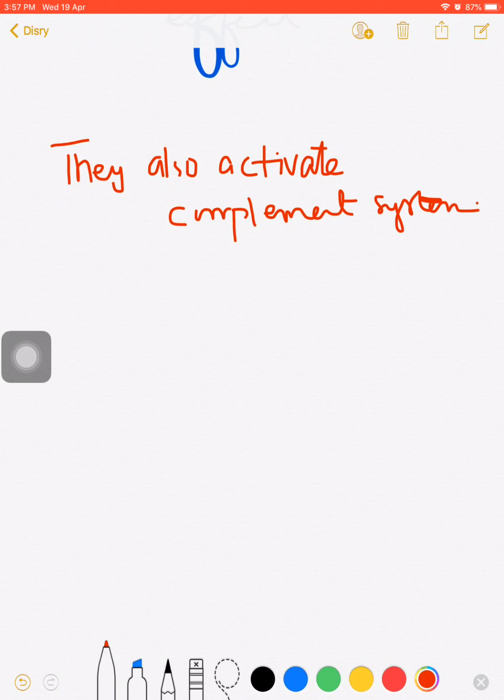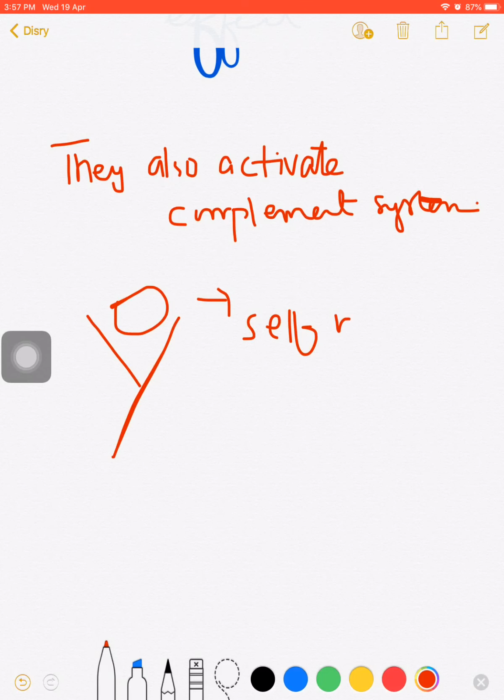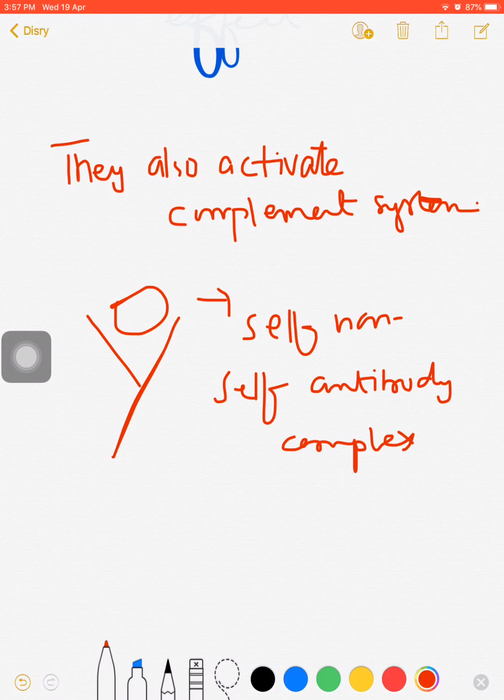Consider this is the antibody, and this is any cell. So this becomes a non-self cell and antibody complex.